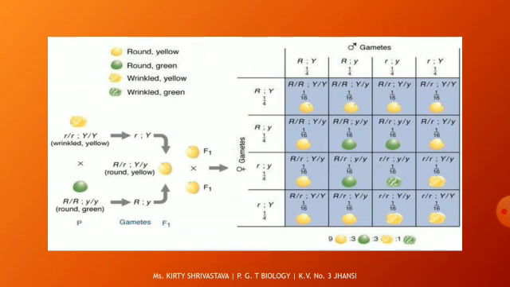Whereas the plants raised from wrinkled and yellow seeds had a genotype of small r, capital Y, and produced gametes with a genotype small r, capital Y. The flowers produced by the above two types of plants were cross-pollinated, and the seeds thus obtained were raised to produce plants of F1 generation.